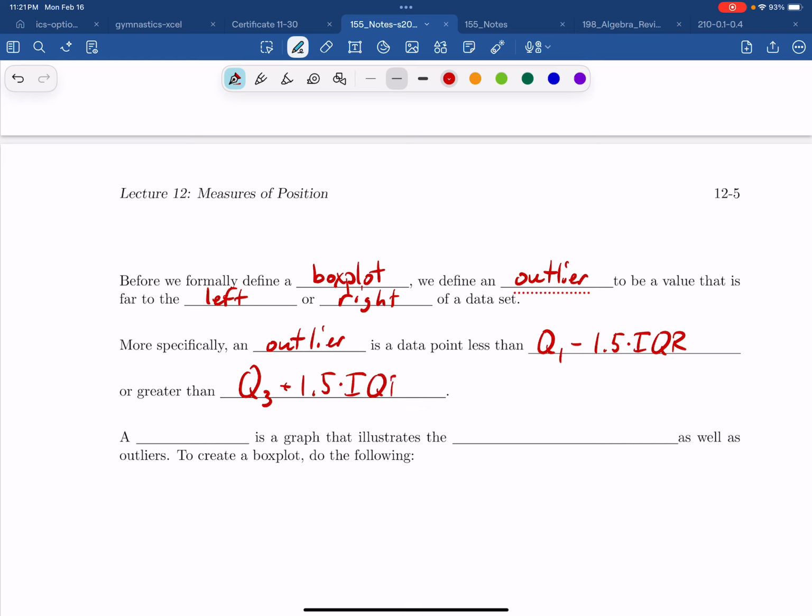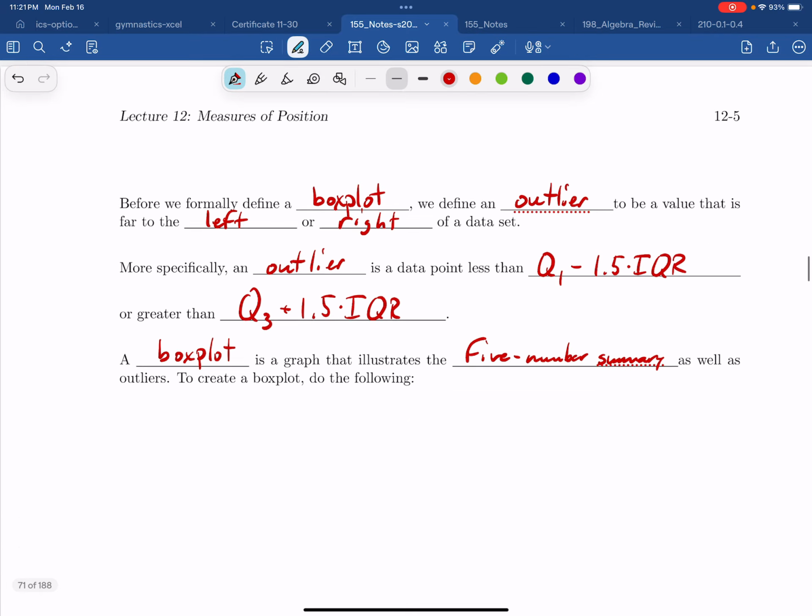And where do we get this from? Well, it's kind of arbitrary, but it's what statisticians have defined, so we're going to use it. Now, a box plot is a graph that illustrates the 5-number summary, as well as the outliers.